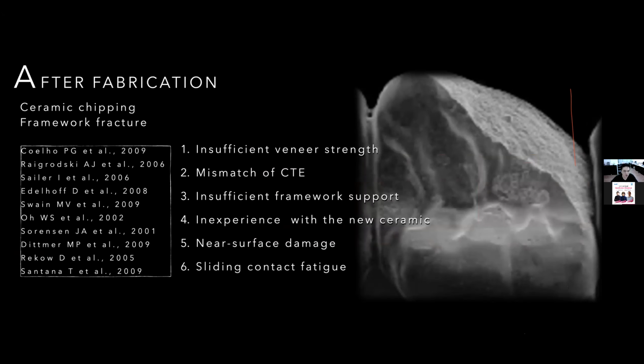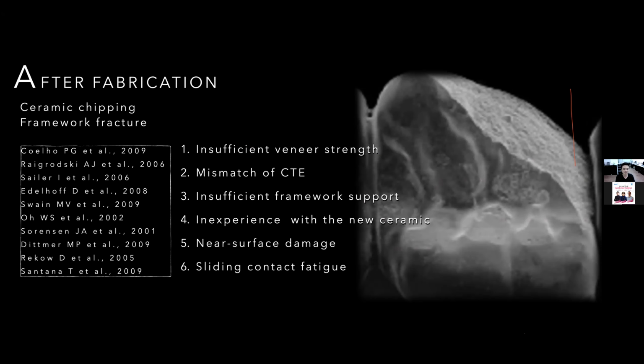And we also know porcelain chips easily on the zirconia framework, and there are six points for this from so many articles. Their analysis shows us this problem is about veneer strength and CTE mismatch, or the framework support is too poor, or it's poor experience with the new material.